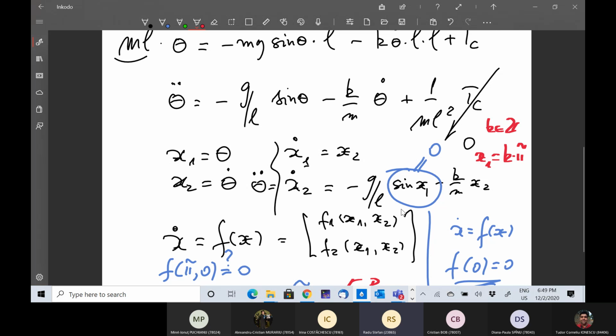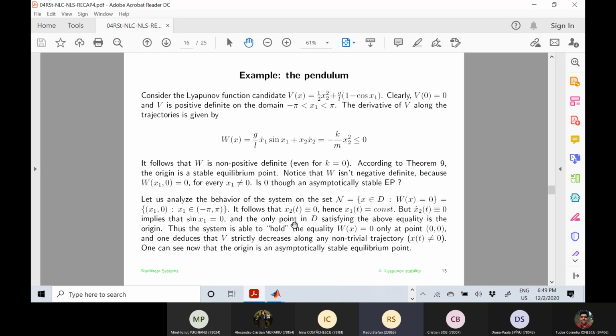So the only possibility is that points which make W equal to 0 have to satisfy sine of x1 equals 0. It's a simple derivation of condition.